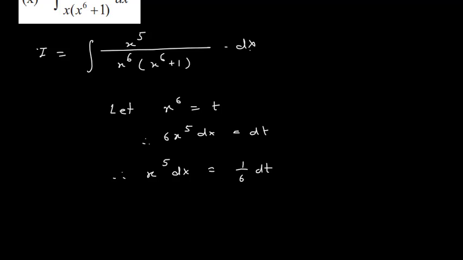Now x power 5 dx you can replace by 1 upon 6 dt. So your integration I is equal to, x power 5 dx being 1 upon 6 dt, and x power 6 plus 1 being t plus 1, my whole problem will become 1 divided by t into (t plus 1) into 1 upon 6 into dt.